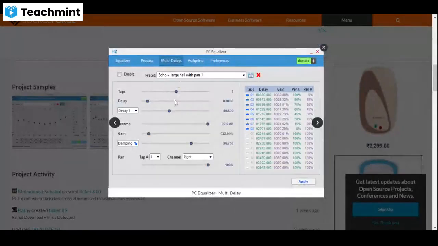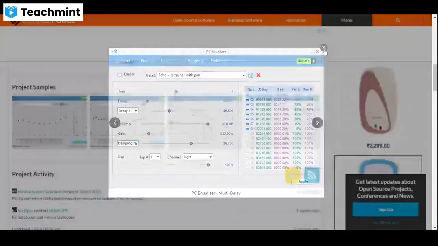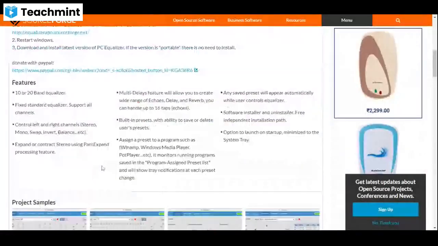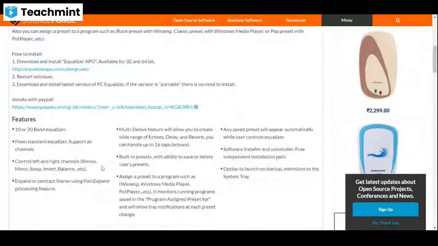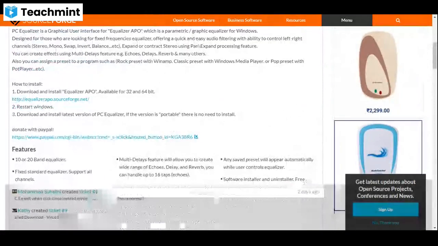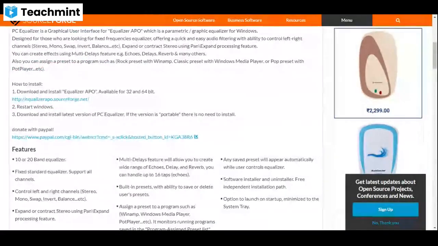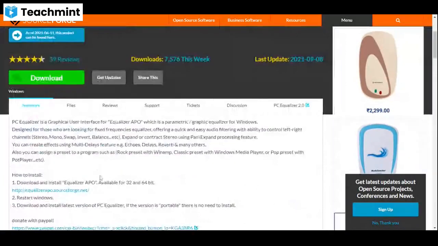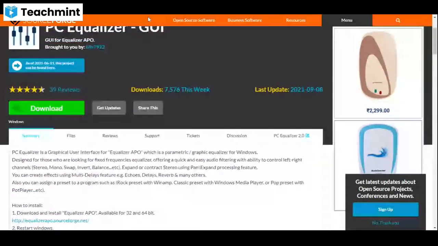Here also these are taps; by moving these taps, we can increase the delay and gain. There are multiple equalizers available, so you can adjust as per your requirement.